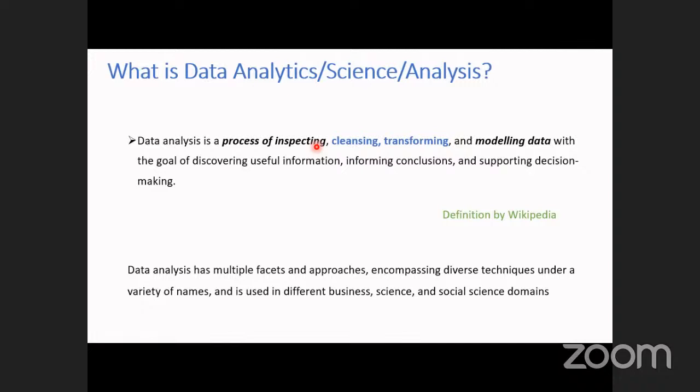Modeling has to do with bringing out, if you are doing predictive analysis, you model the relationship that exists so that you can take decisions based on real facts. And that definition, you can check, is given by Wikipedia.